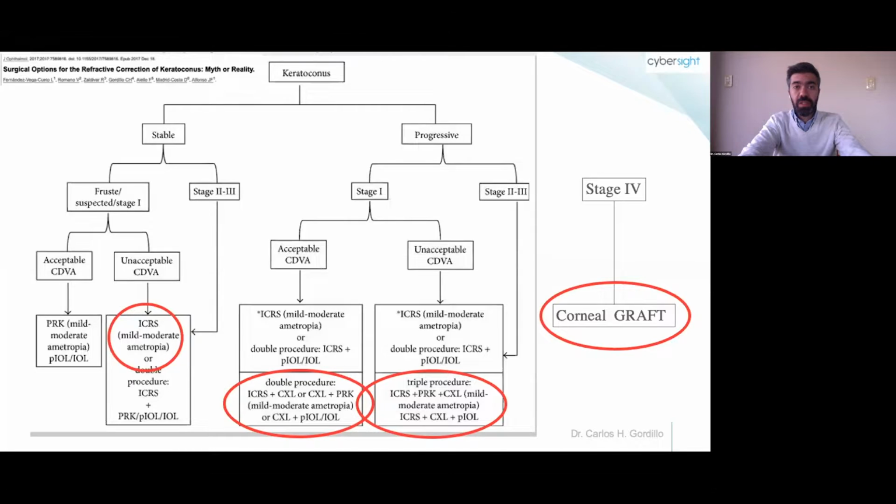As you know, keratoconus is bilateral, asymmetrical, and progressive. So we always need to look at both eyes, and as you can see in these publications, you can use all kinds of surgical techniques to halt the progression and to solve the irregularity of the corneal surface.